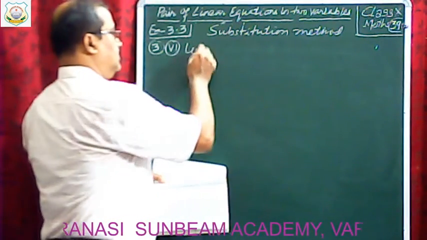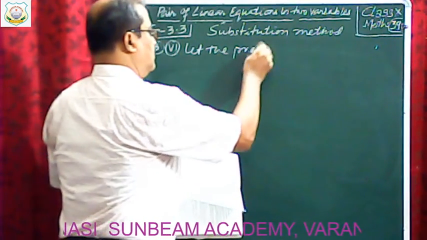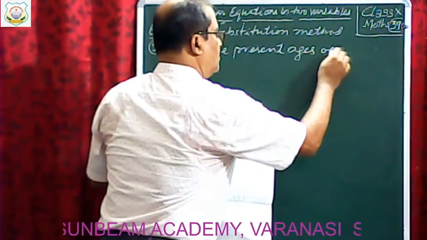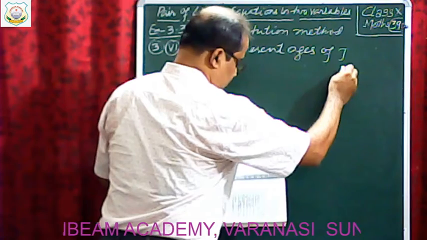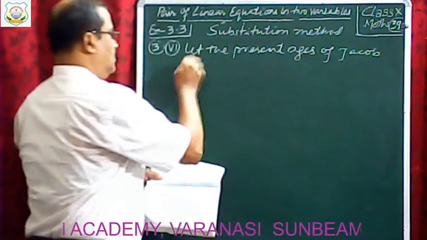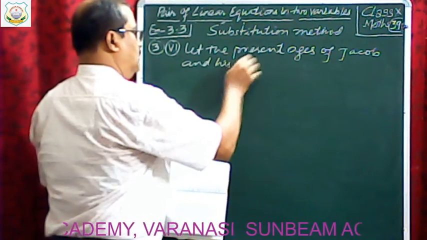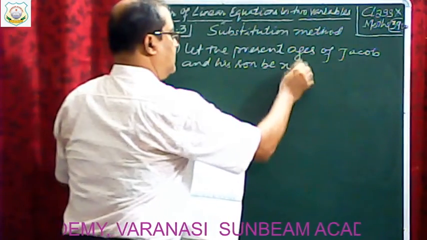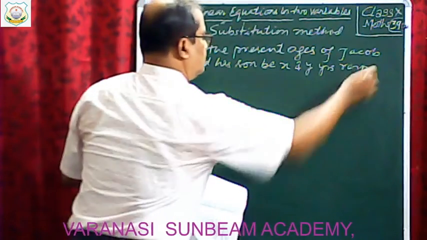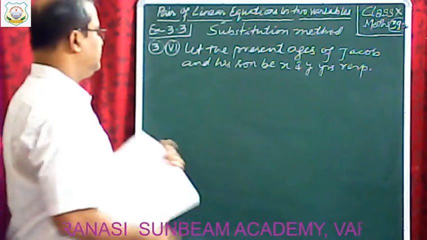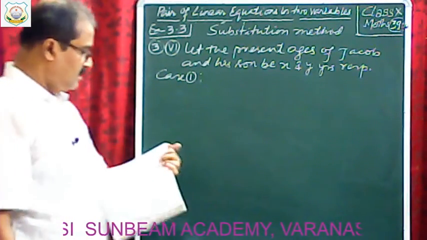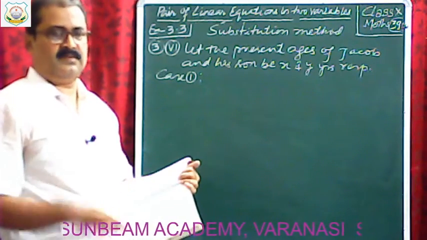Let the present ages of Jacob and his son be X and Y years respectively. Okay, there are two cases. Case 1, two conditions given. First, 5 years hence.